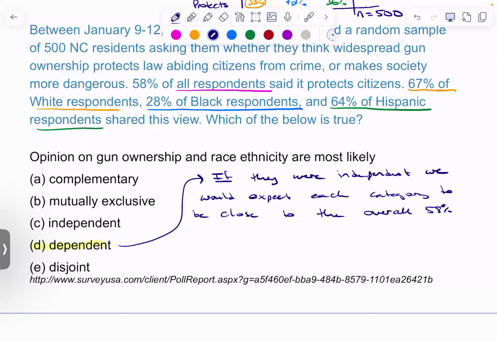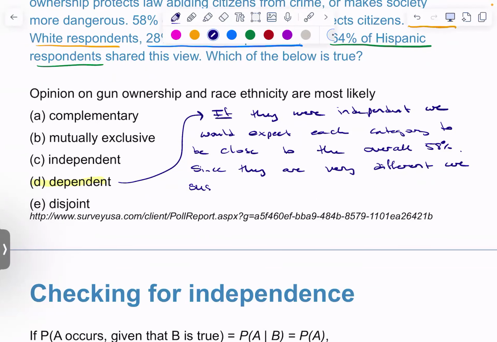Doesn't have to be exactly 58%, but roughly, right? Since they are very different, we suspect they are dependent.